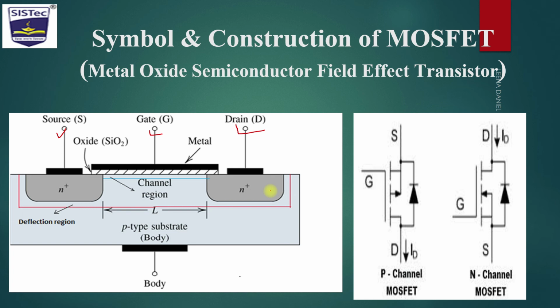So this is the main advantage of the MOSFET, through which we can use this device at higher voltage or higher power levels. Usually we use this MOSFET in low power high frequency converters. So due to this reason, we use this for high frequency application.